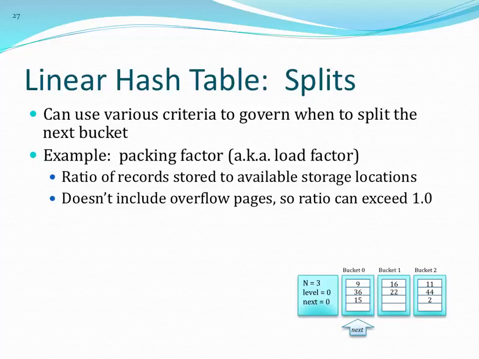If you have a lot of overflows, this is going to go over 1, because the available storage locations is some value, and I'm storing more than that, so the ratio will be over 1. And you say, I really have to start expanding stuff. So maybe when this ratio gets over 0.7, then you start expanding things.